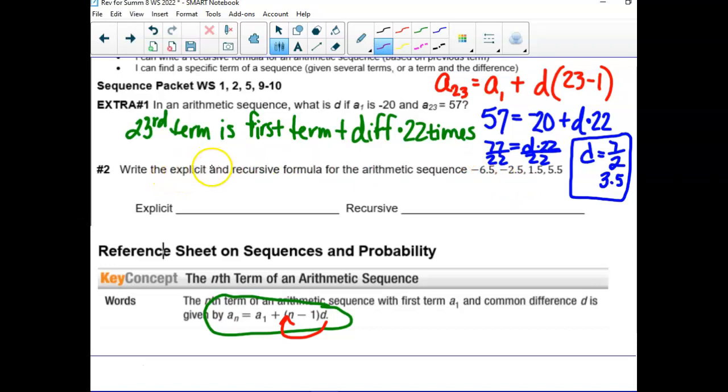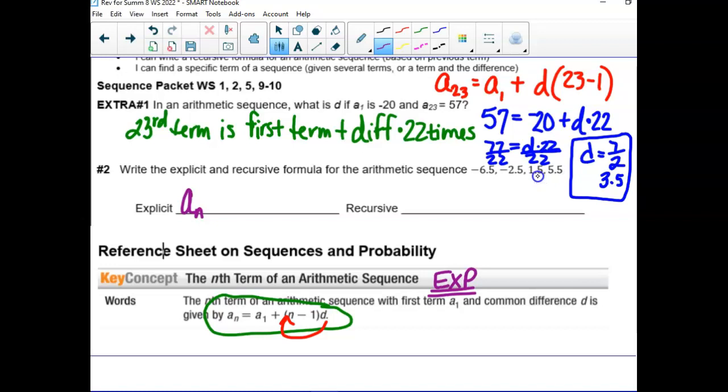All right, you will find this form on your reference sheet, and this is explicit. So you're just going to fill in these and leave an N. So for this one over here, negative 6.5, negative 2.5, 1.5, 5.5. Okay, you can take any term and subtract the previous term.